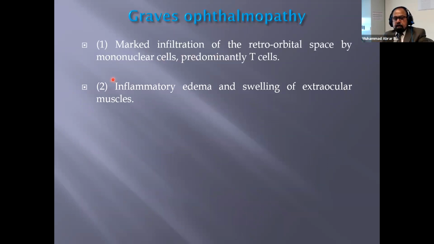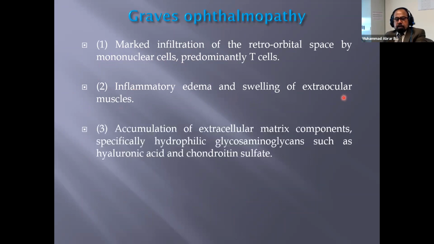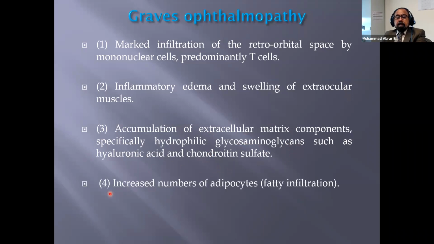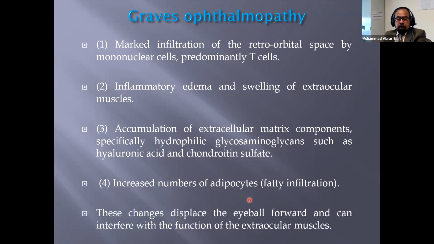Number one, the retroorbital space is filled with T lymphocytes, with inflammatory edema and swelling of the extraocular muscles, which also push the eye outward. There is accumulation of extracellular matrix like glycosaminoglycans such as hyaluronic acid and chondroitin sulfate. An increased number of adipocytes is also present behind the eyeball. All these changes push the eyeball up.